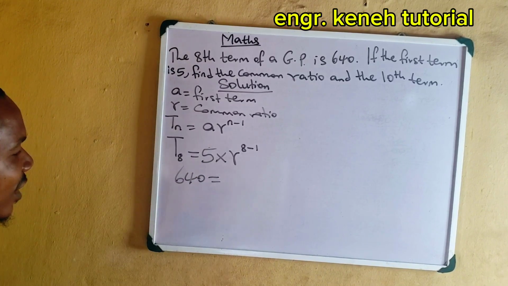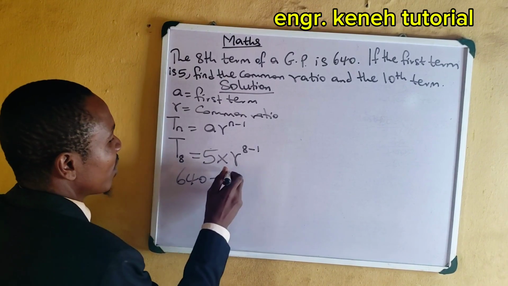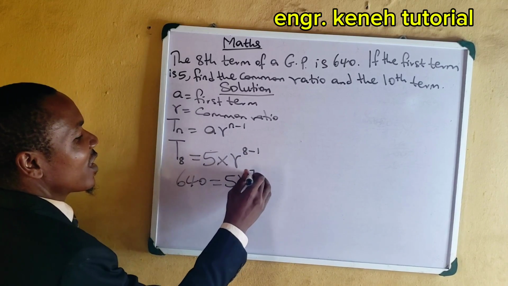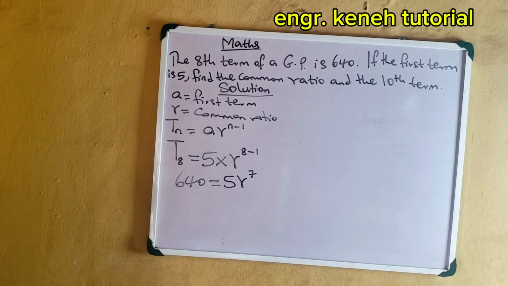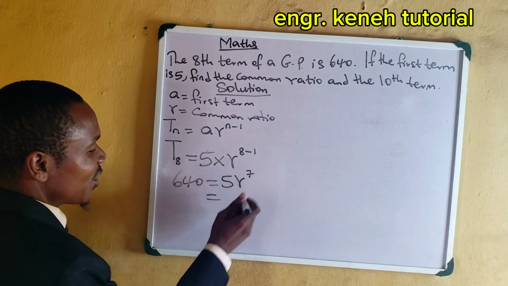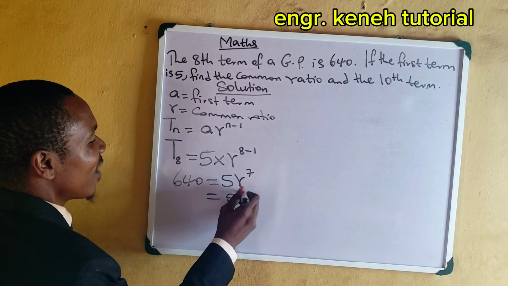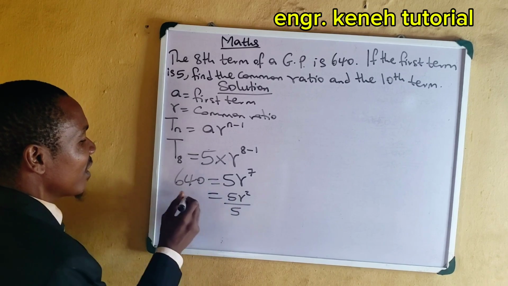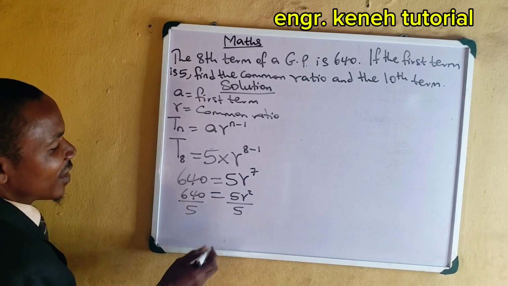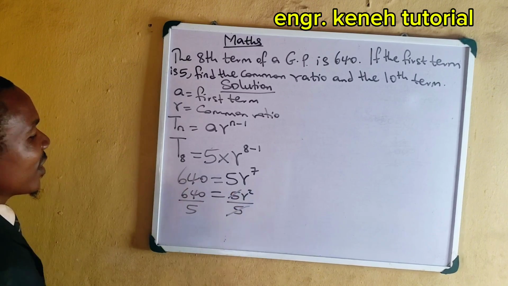Can you see that? All right, when you multiply this, you have 5 r to the power, this minus this will give us what? 7. Can you see that? All right, so we divide both sides by the coefficient of r raised to the power 7, which is 5. We have this divided by 5. Then we have this divided by 5. Cancel this, cancel that.